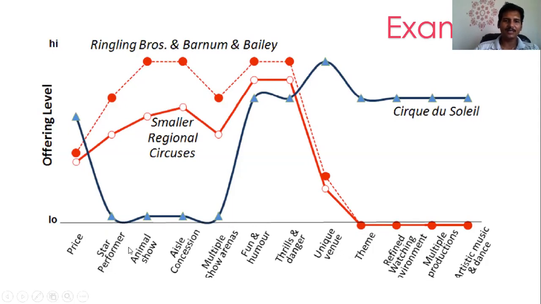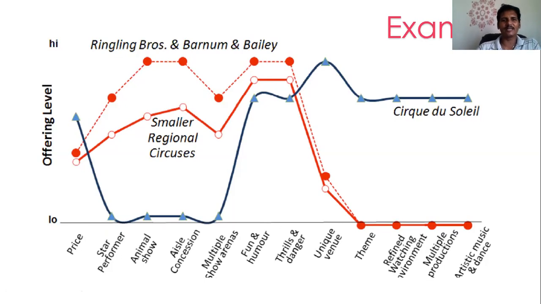So they reduced star performers, eliminated star performers, animal shows, multiple show arenas completely. Rather, they made it theme based, and refined the watching environment with artists, music, dance. They reduced the risk, but they added music and other things. So it was a very successful one. You can see a good number of videos on YouTube about Cirque du Soleil.